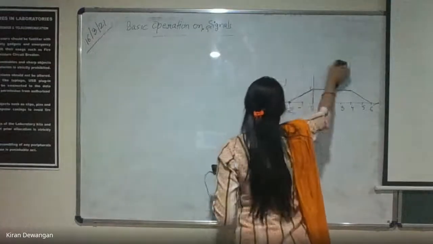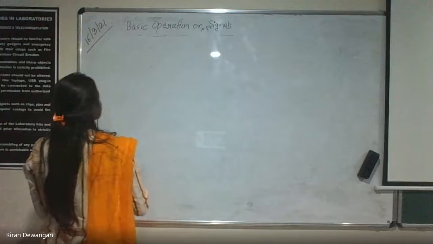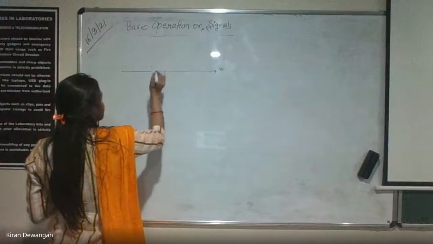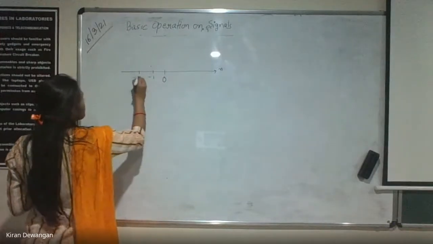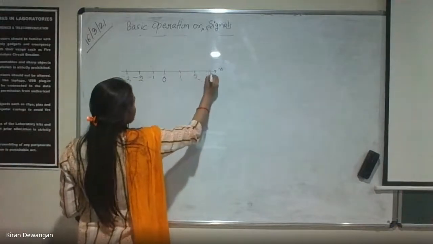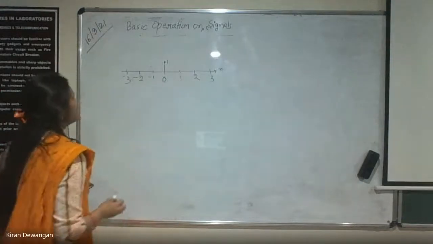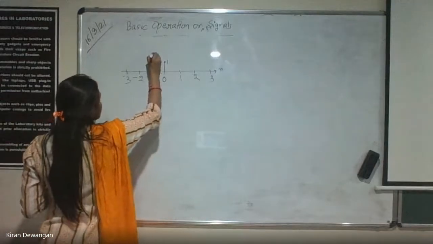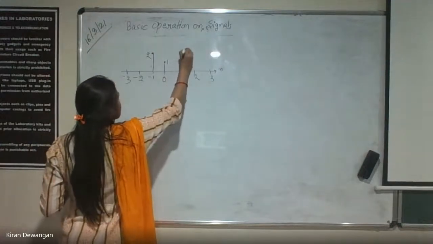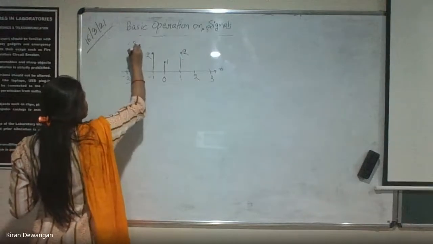Now let us take x of n as this. This is n, 0, -1, -2, -3, 1, 2, 3. At 0 the value is 1. At -1 the value is 2. At 1 also the value is 2. At -2 the value is 3.